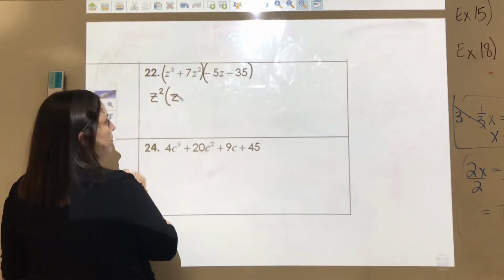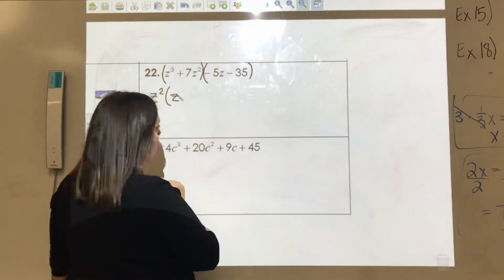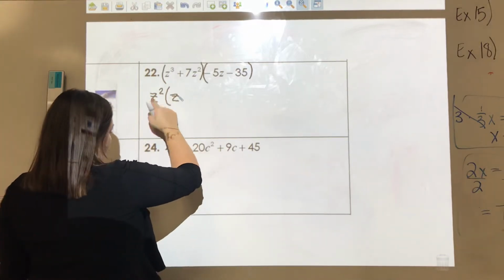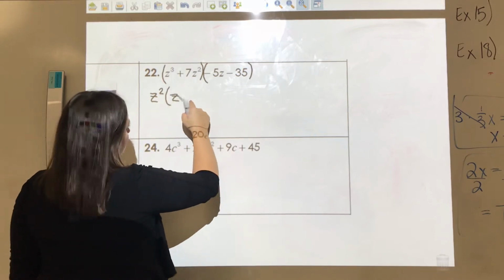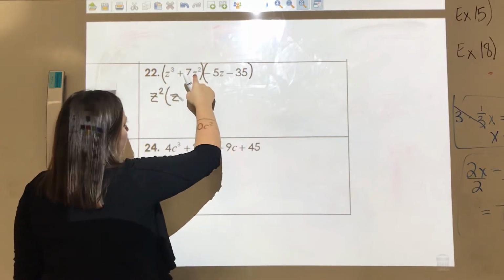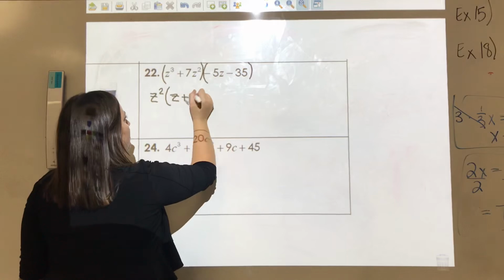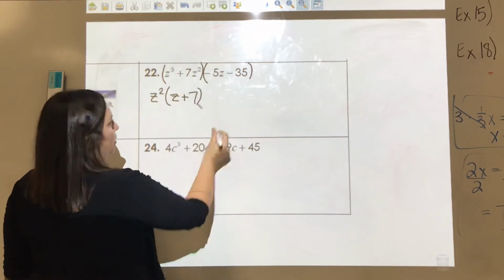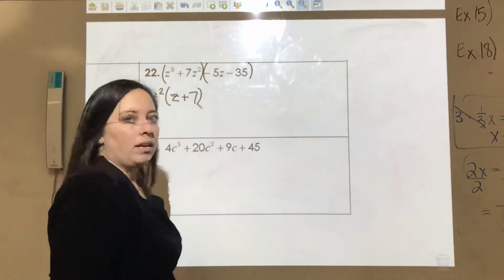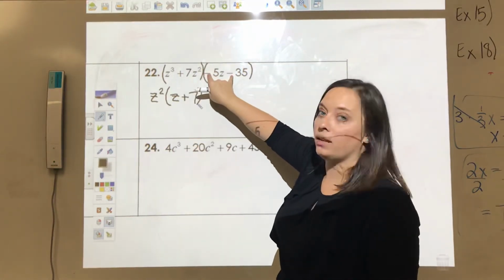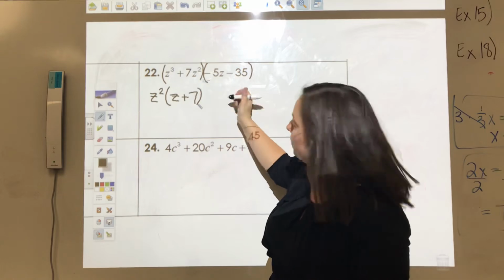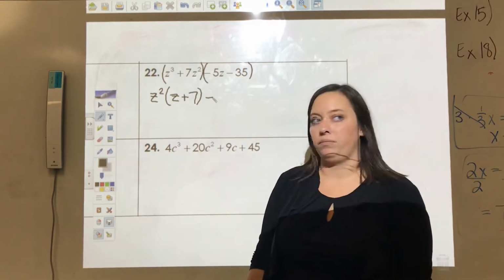For my z's, I normally put lines so they don't look like 2s or 7s. Z squared times this piece needs to give you 7z squared, so that's going to be a positive 7. All right, now between these two, I chose to do this example, not the other two, because these two are both negative. This right here is negative, so that means you're going to pull out a negative right here.